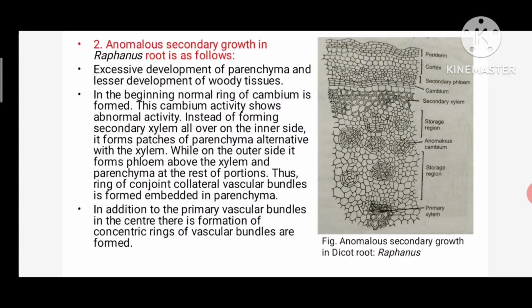Thus, a ring of conjoint collateral vascular bundles is formed embedded in parenchyma. In addition to the primary vascular bundles, in the center concentric rings of vascular bundles are formed.